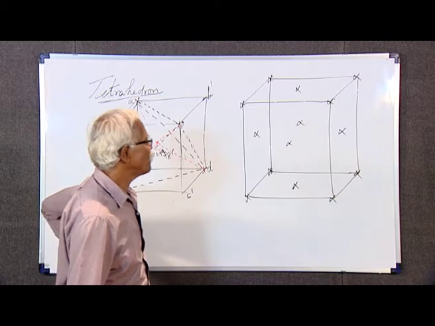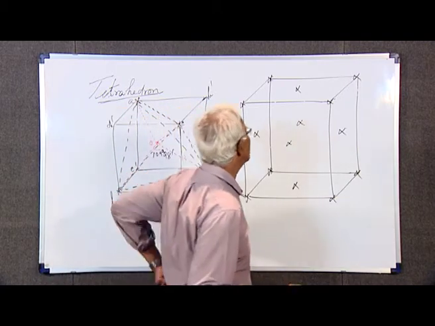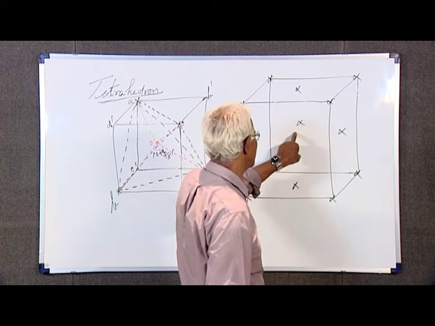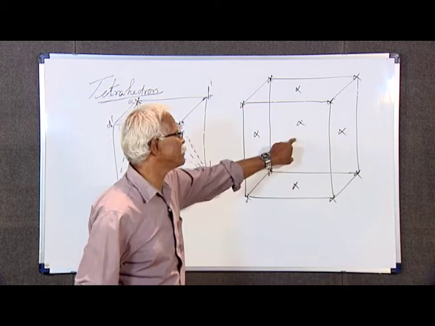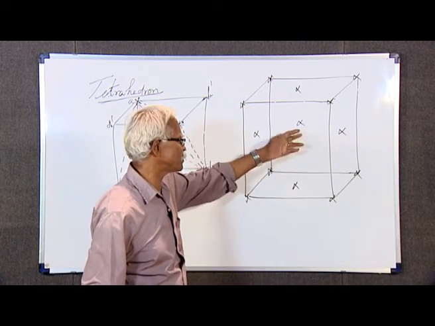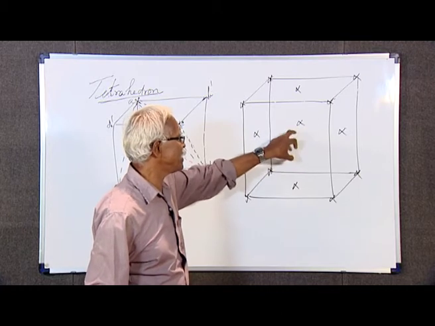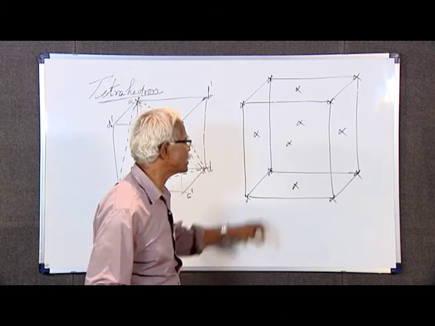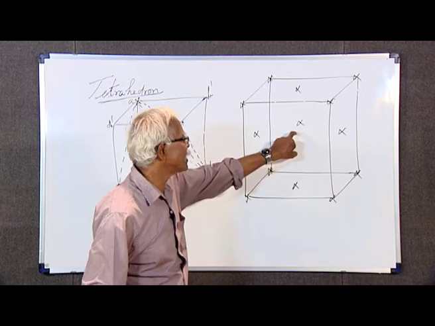Now, suppose this is the body center, which of course I am not marking because it is not part of this. Face center does not play any important role here, but its position is somewhere here.